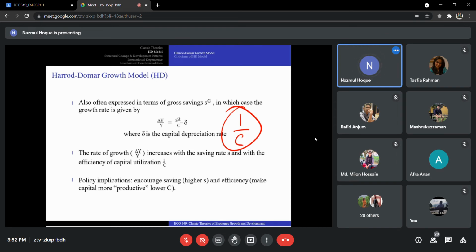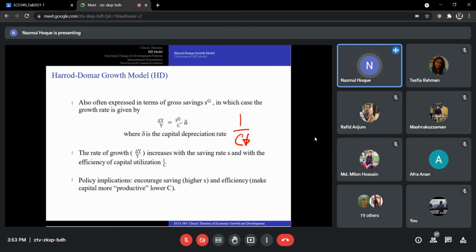That means the higher the value of this term, that would indicate a lower value of C, right? So the lower the value of C, or the higher the value of 1 over C, means the economy is more efficient in using capital for output production. So a lower value of C means the economy is more efficient in utilizing capital to produce goods and services.